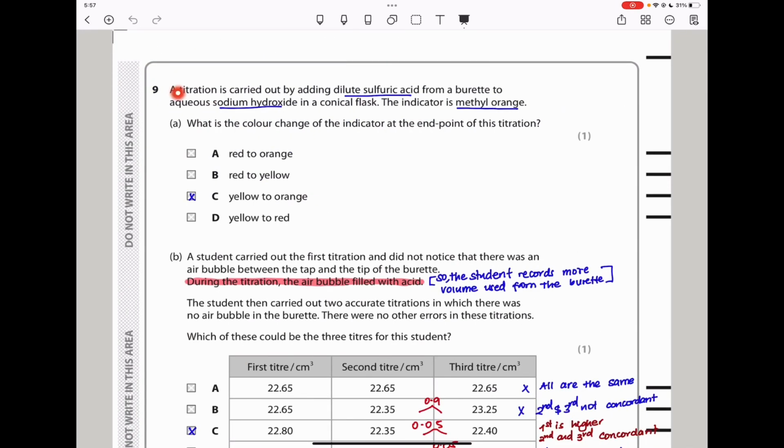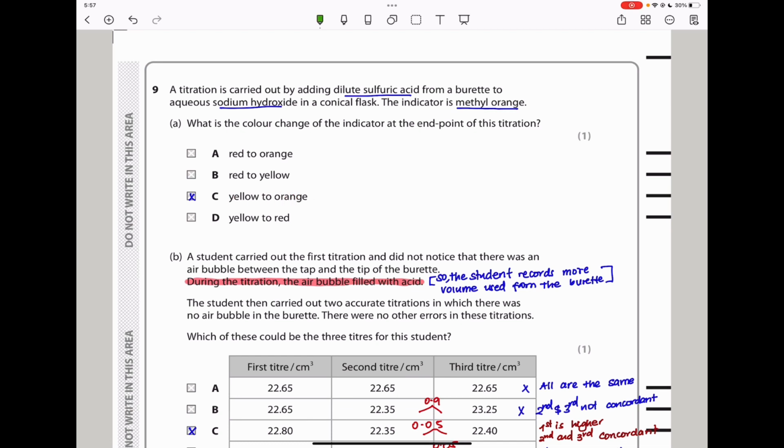Question 9 says, a titration is carried out by adding dilute sulfuric acid from a burette to aqueous sodium hydroxide in a conical flask. The indicator is methyl orange. What is the color change of the indicator at the end of this titration? So we know that at the end of this titration, it's going to be turning from yellow to orange.